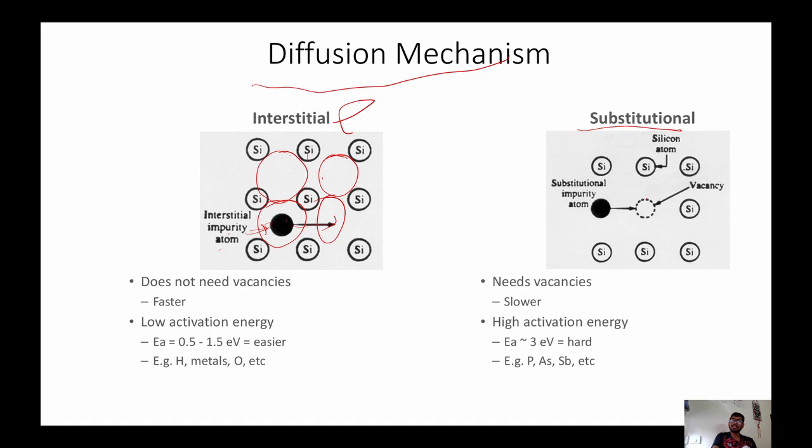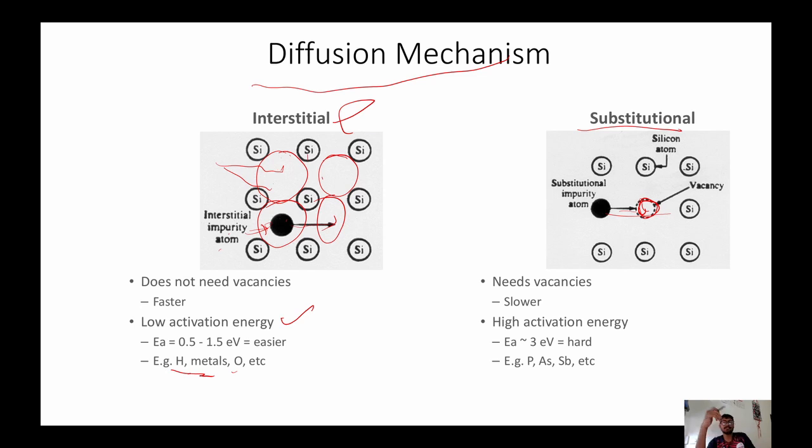A vacancy is the missing of a silicon atom from a lattice point. Here low activation energy is required because there is no breaking and formation of bonds, whereas in substitution there is. Hydrogen, metals, and oxygen are small atoms, and they can diffuse very easily through the silicon.